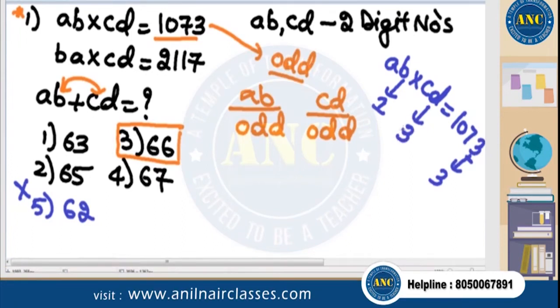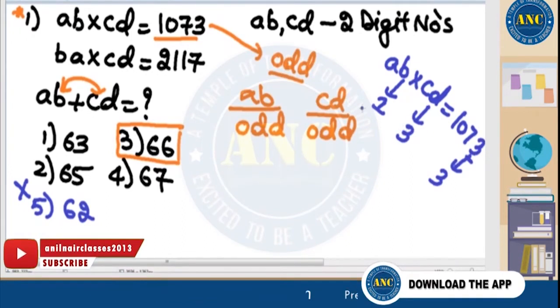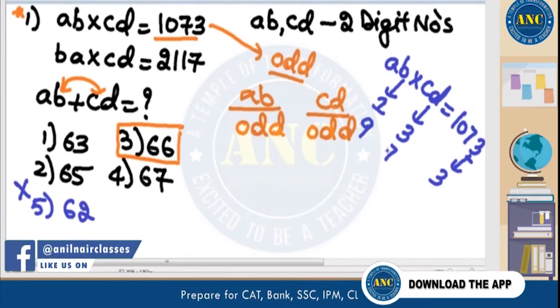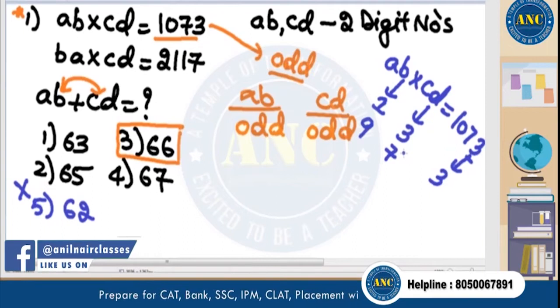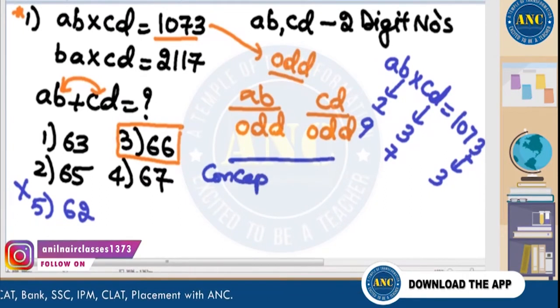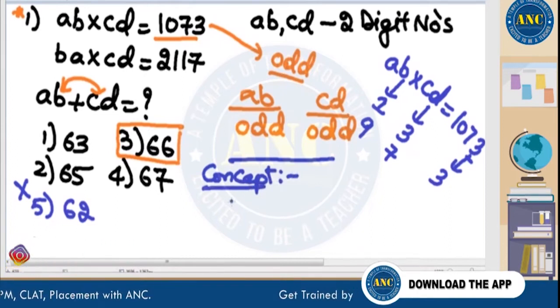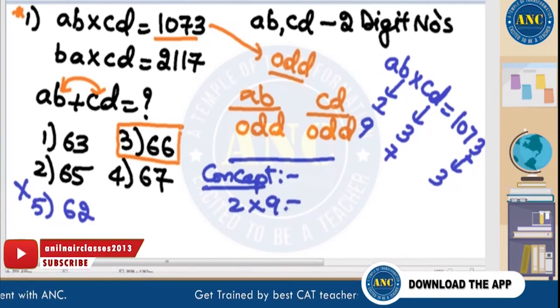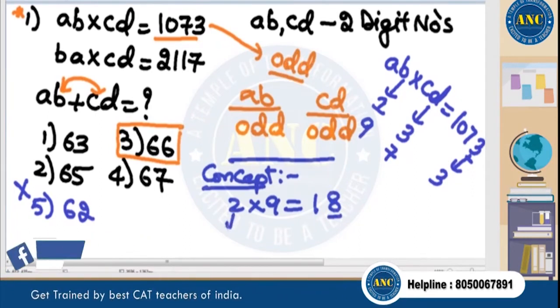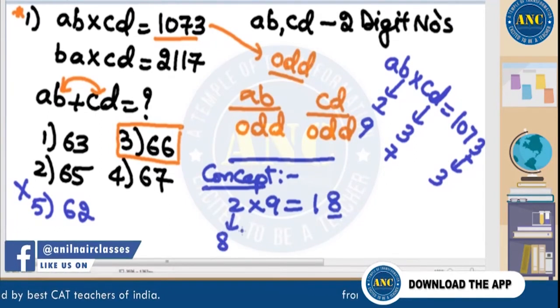1 3s are 3. Or you take the tens complement, you will get 10 minus 1 is 9. 10 minus 3 is 7. 9 sevens are 63. Concept. Listen carefully. 2 into 9 is 18. Unit digit is 8. Take the tens complement. 10 minus 2 is 8.